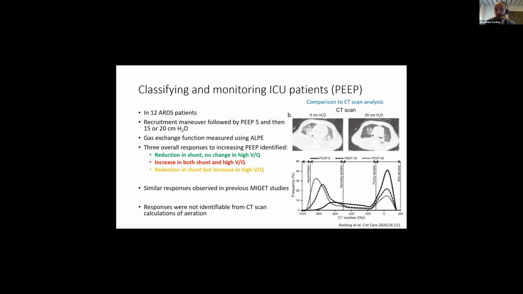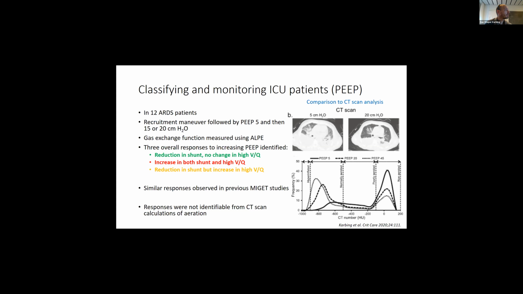On the other hand, when you increase PEEP, you also increase the top pressure, which may also cause some lung units to be recruited, to be opened up and to be able to participate in gas exchange. We did a recent study in 12 ARDS patients where we did a recruitment maneuver followed by PEEP of 5 and then either 15 or 20 centimeters of water.